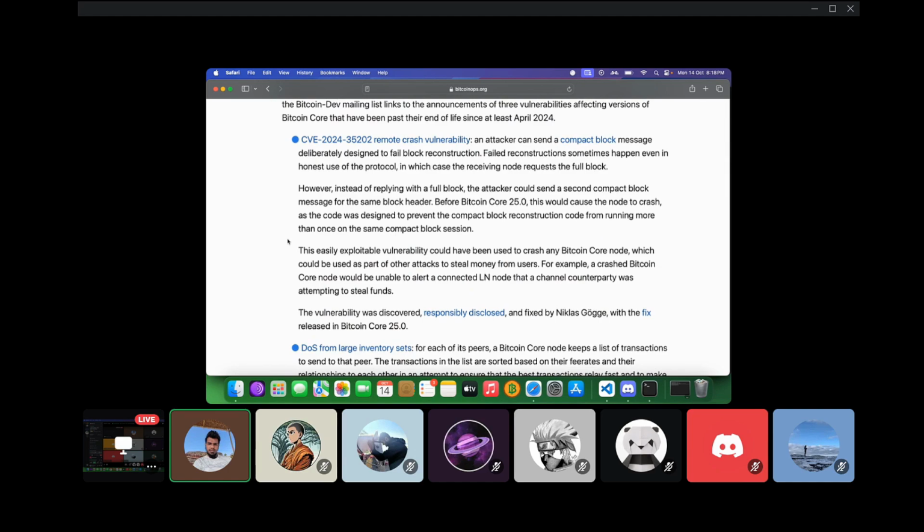Okay, so this news article talks about a vulnerability that Bitcoin Core versions prior to 25.0 were susceptible to.